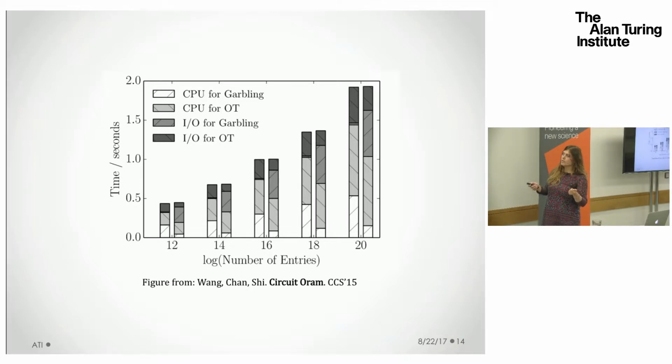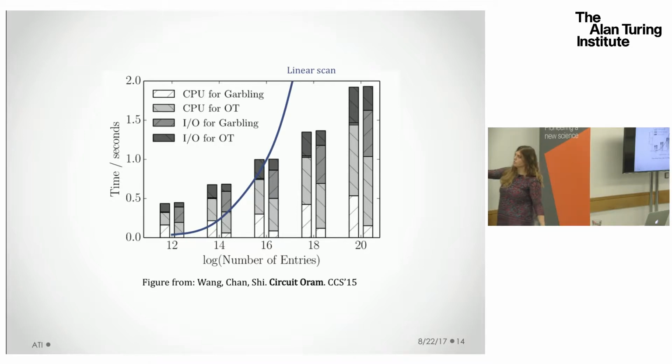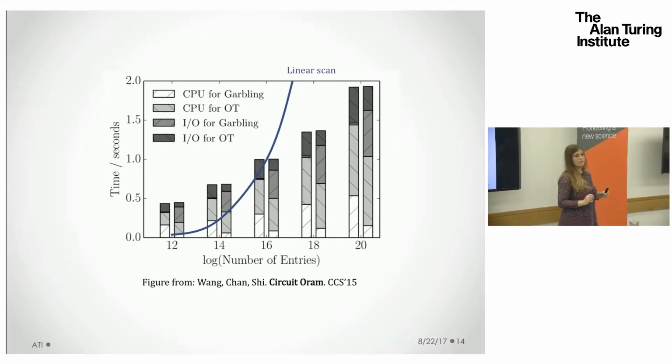But if we take their numbers and we try to plot the complexity of just doing a linear scan, which is the trivial ORAM that I described for you, this is the line that we get. So it seems that before we start getting advantage from the ORAM construction, which is right around here or here, we need to go to pretty large database sizes.